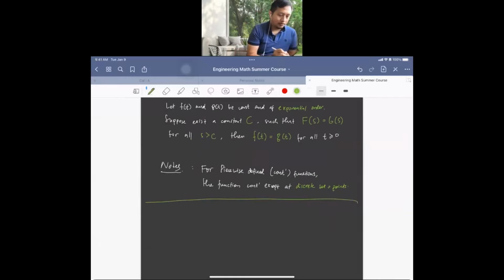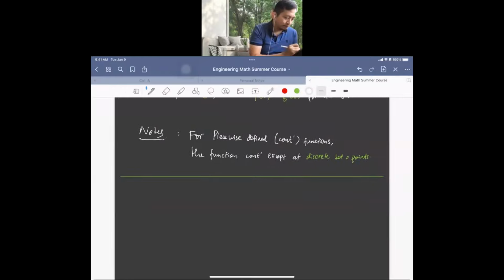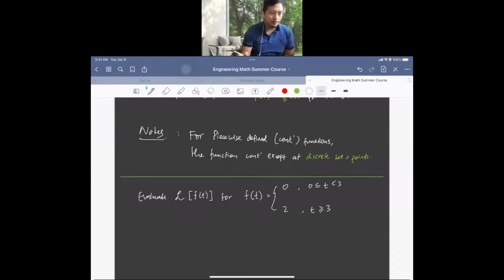Okay, for piecewise, because we already defined all this existence and uniqueness, if you want to transform the piecewise function, for example, evaluate the Laplace of a function of t that is 0 for t between 0 and 3, and 2 for t greater than or equal to 3.